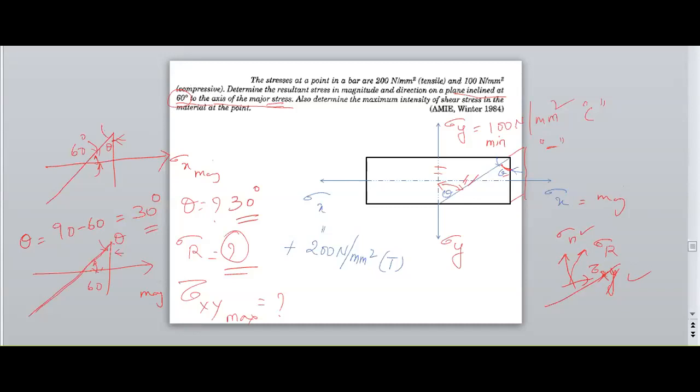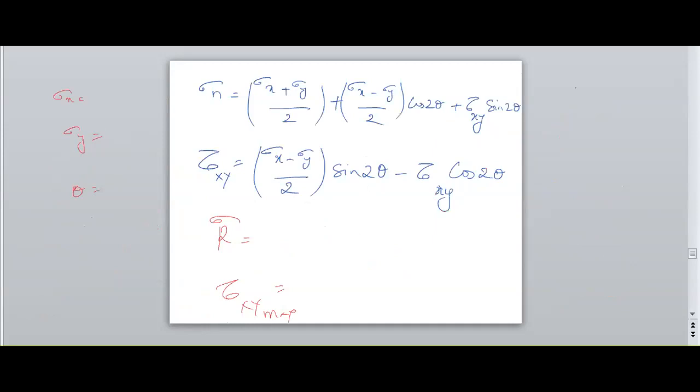So by using the analytical method, we have an equation in which sigma x is a known value. Sigma y is a known value, but it is compressive.